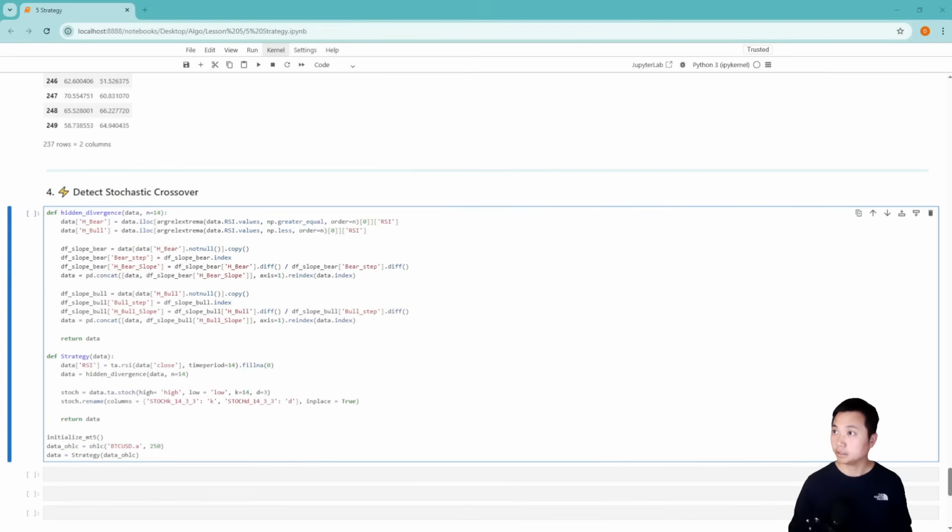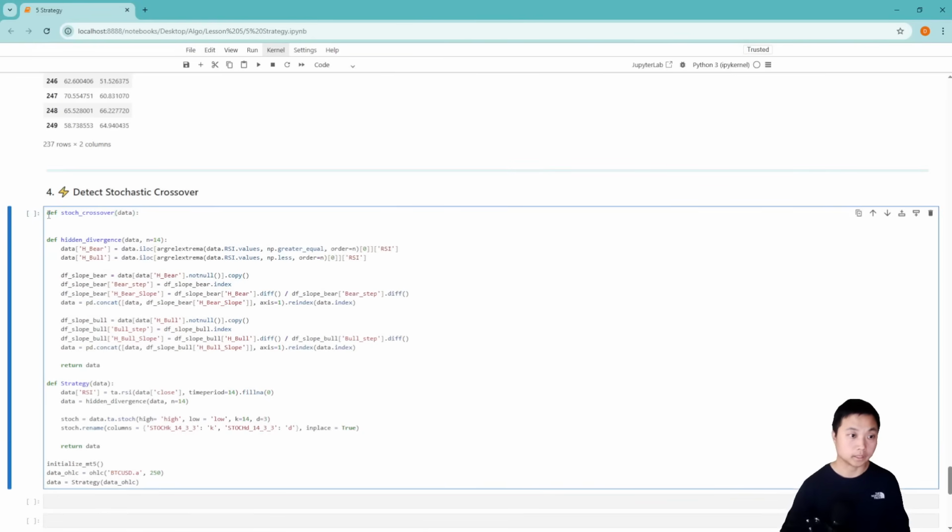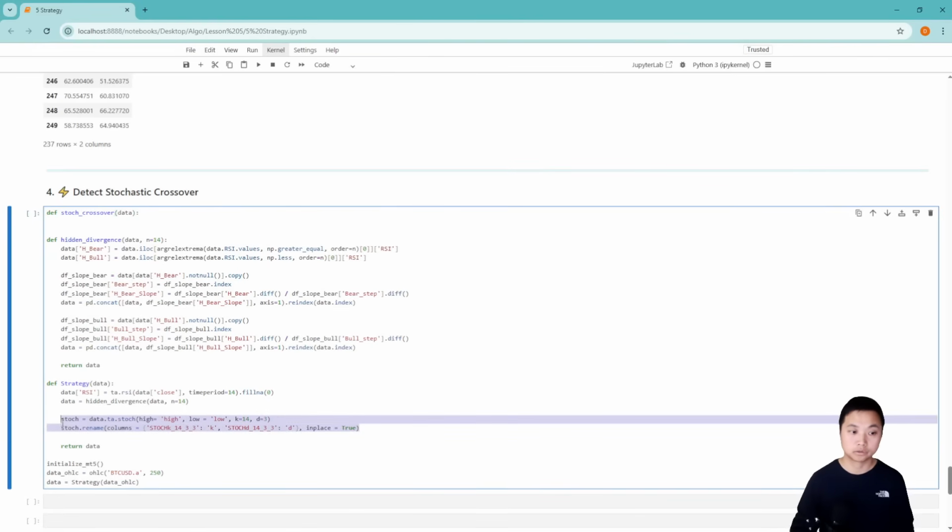And the next thing is that we need to determine the crossover. With that in mind, we are going to create a function, the stochastic crossover, that takes the data points provided from this stochastic.